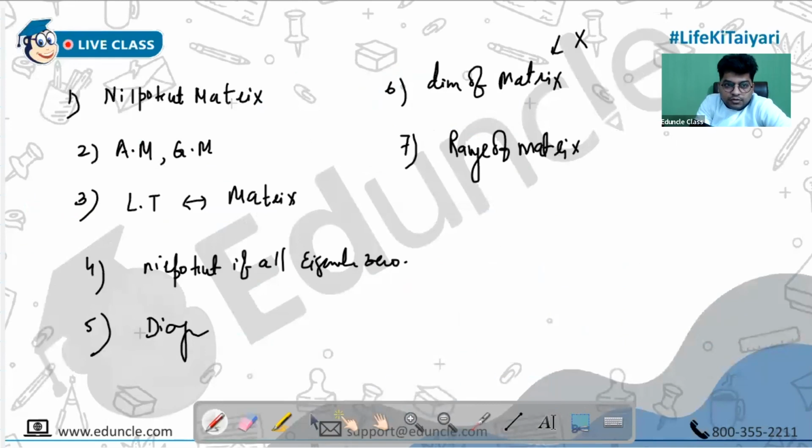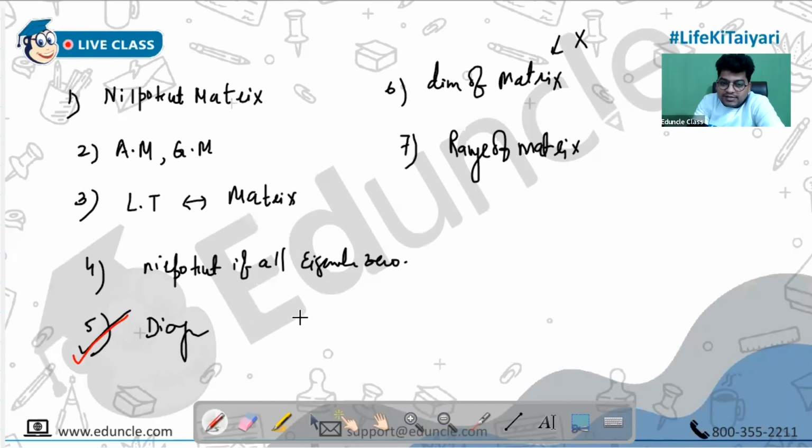Done. So can I say the concept of diagonalization is done? The concept of diagonalization means that if the sum of the geometric multiplicities of all the eigenvalues is equal to n, then the matrix is diagonalizable.